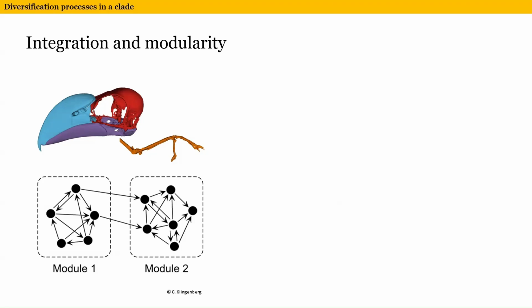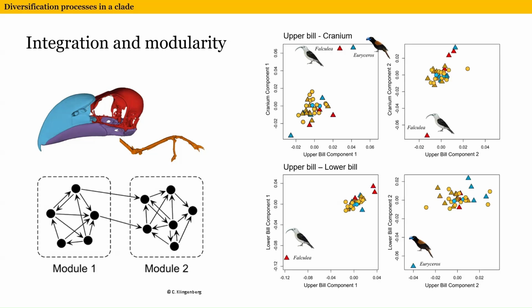I used some different approaches to quantify how much shape covaries within and between those regions. These are partial least squares plots. It's a similar idea to those PCAs, where we're doing this dimensionality reduction, but here we're looking at the primary axes of covariance between two regions, the axes that maximize covariation.